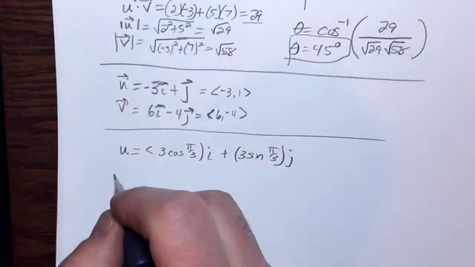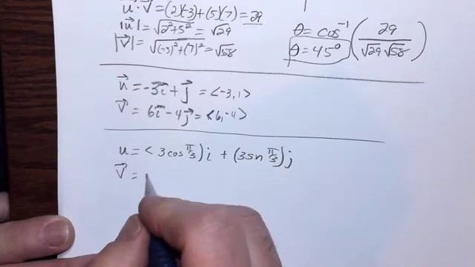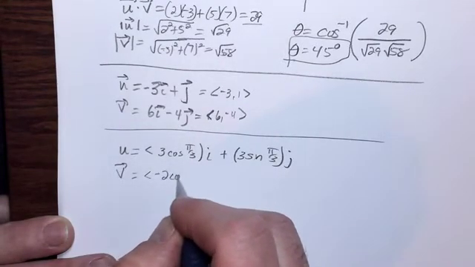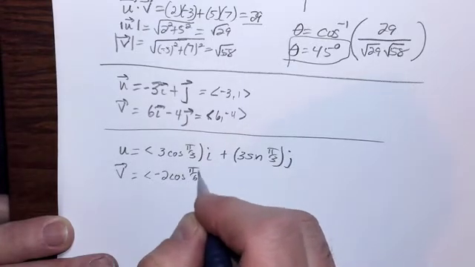And v was equal to, I don't know, let's say negative 2 cosine of pi over 6.